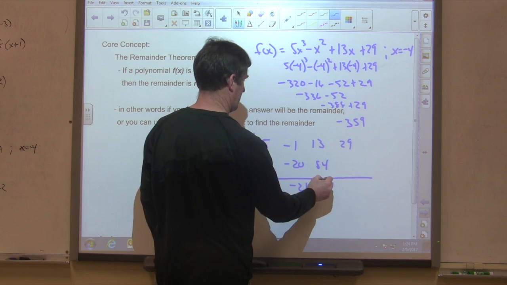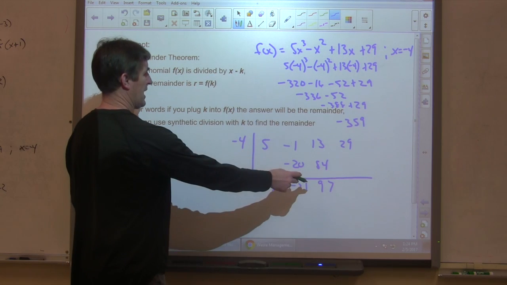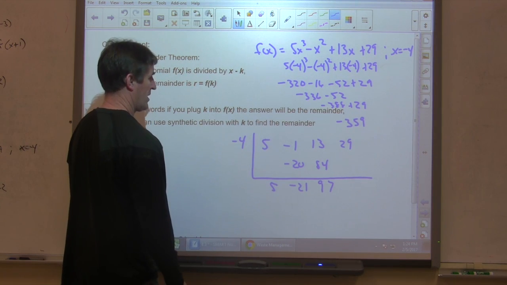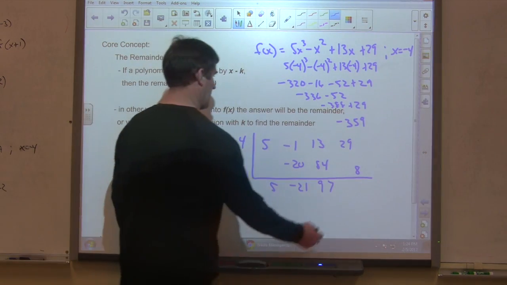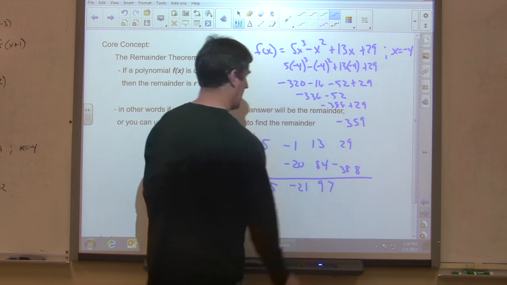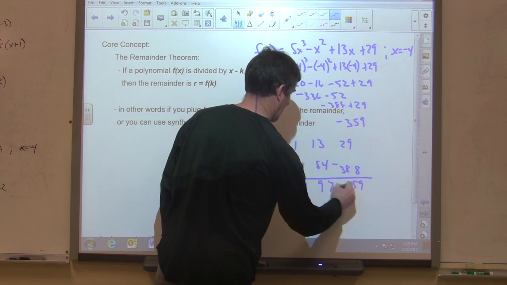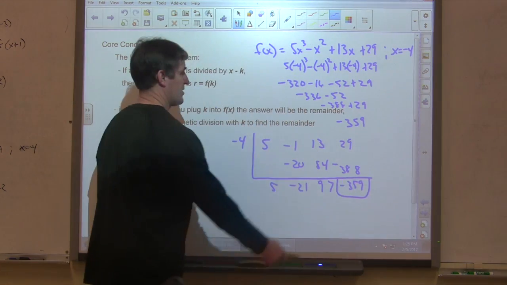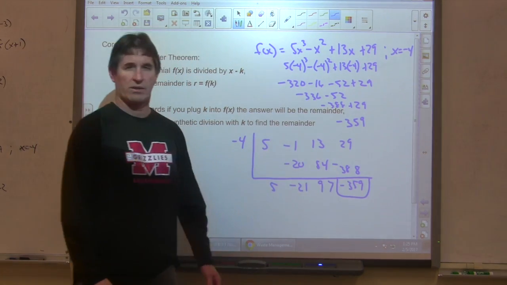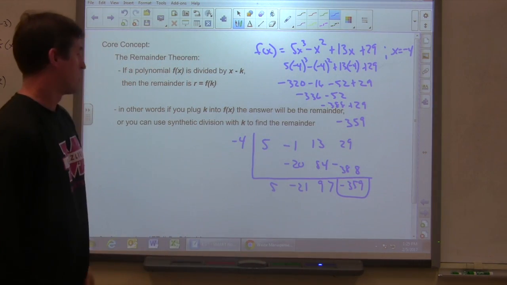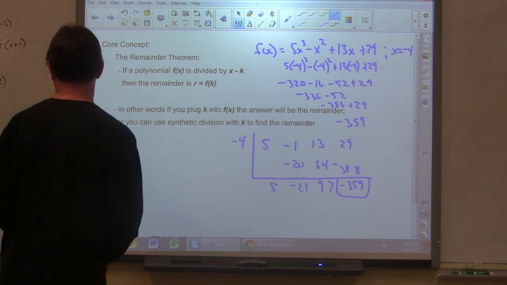So we get 7, 97, and negative 4 times 97, 28, carry the 2, 388, negative, and 29 from 388 gives us that negative 359, and that's our remainder. And so you can see how less work it took and a lot quicker. Okay? So we can do the same thing using synthetic division instead of substituting the number in.